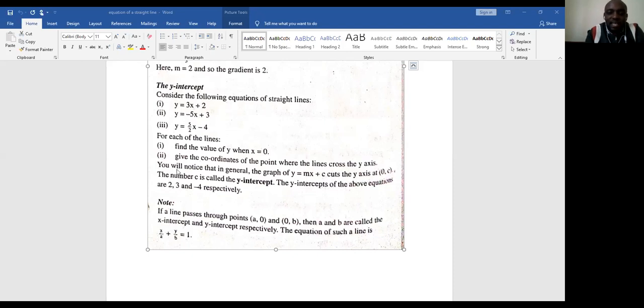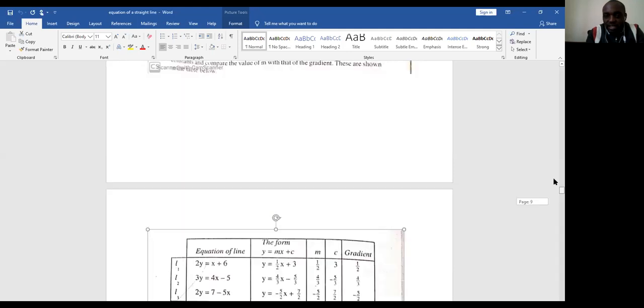Now, as you can see here, where we have the y-axis, the value of x becomes 0. So at the y-intercept, where the graph cuts the y-axis, we said last time that the value of x is always 0. There are some graphs that I showed those of you in last week's class.